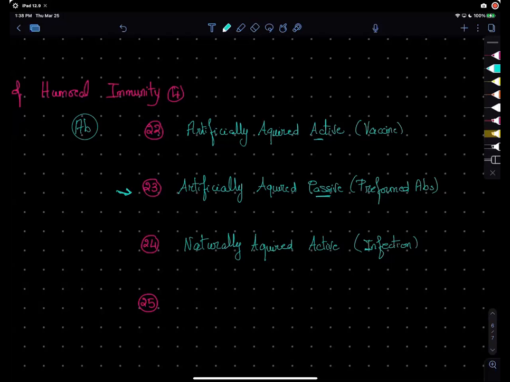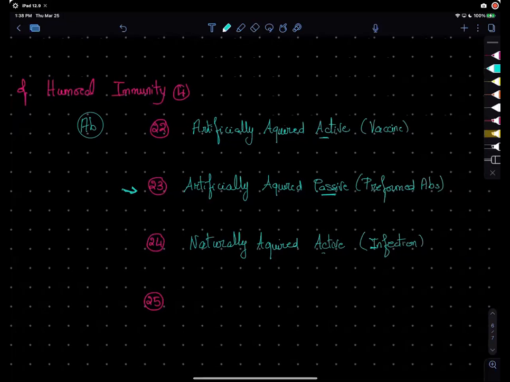So the infection develops some sort of immunological memory.